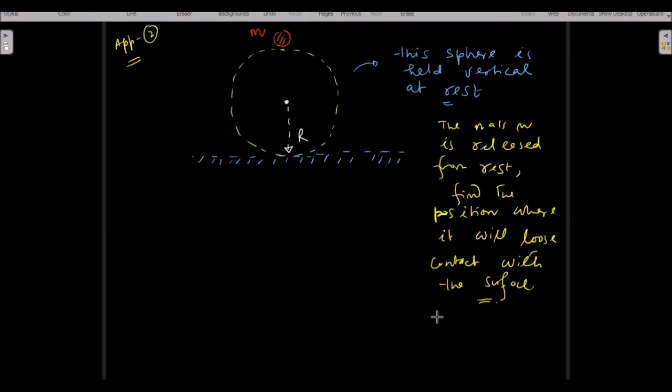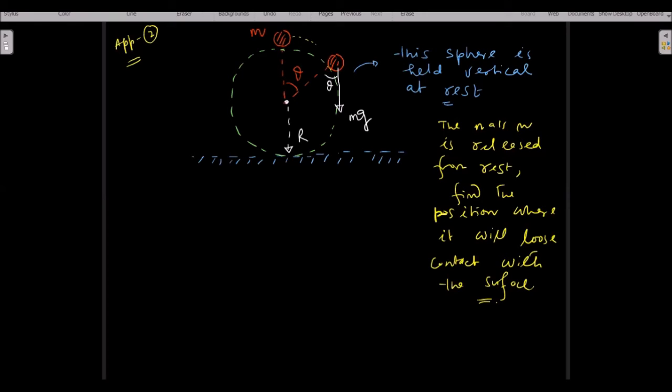Now, see, as the ball rolls down, we will consider that somewhere here it is going to lose the contact. So we are taking this position as theta. All right. So what are the forces acting there that we have to identify? Downward force in this direction will be mg.